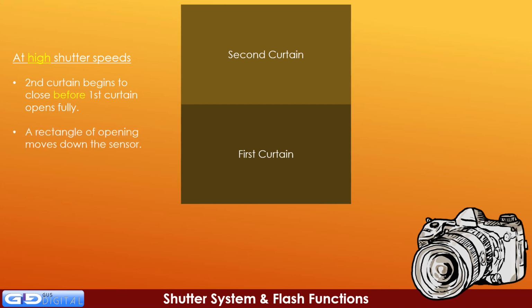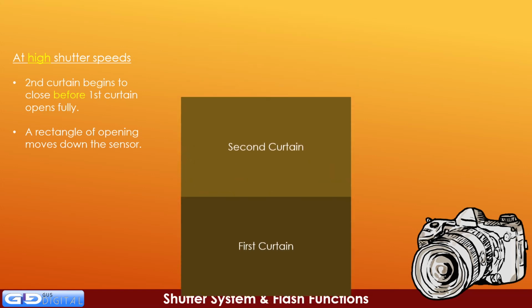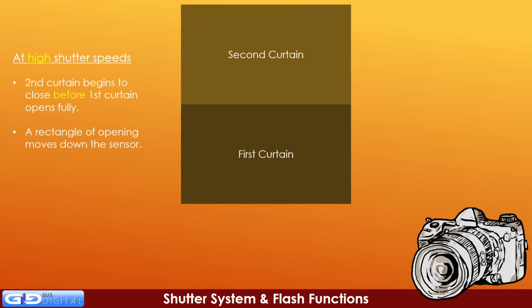How soon does it start? Depends on how fast the shutter speed you have set. Let's now see what happens at higher shutter speed. The first curtain slides open, and before it is fully open, the second curtain follows.